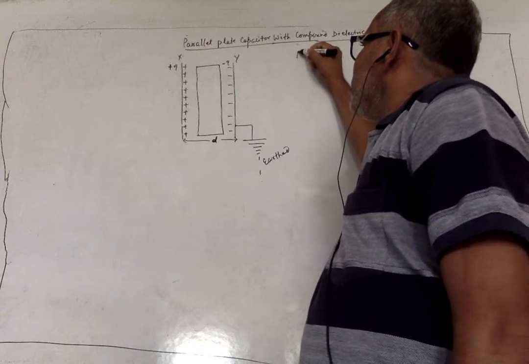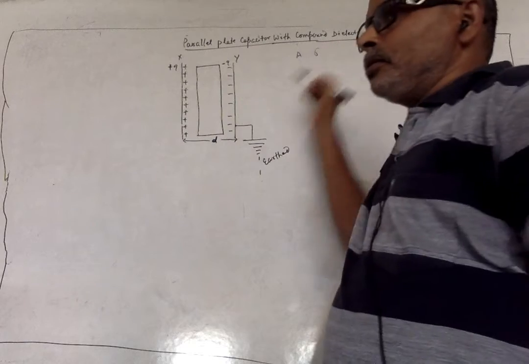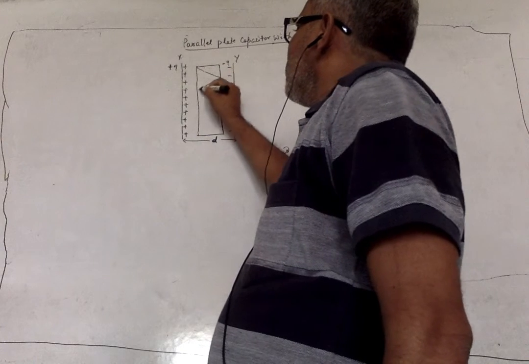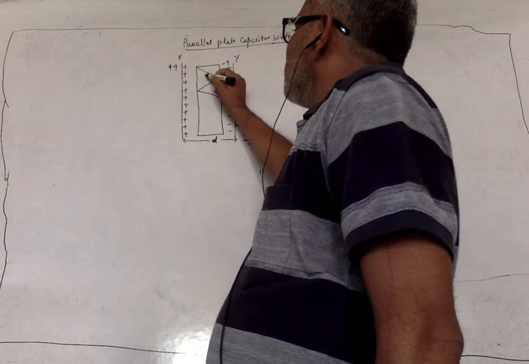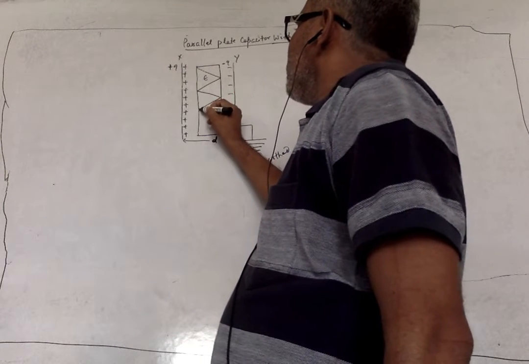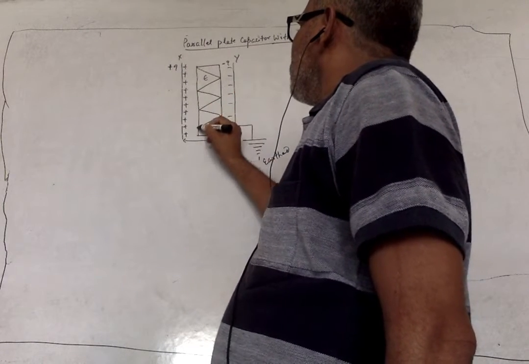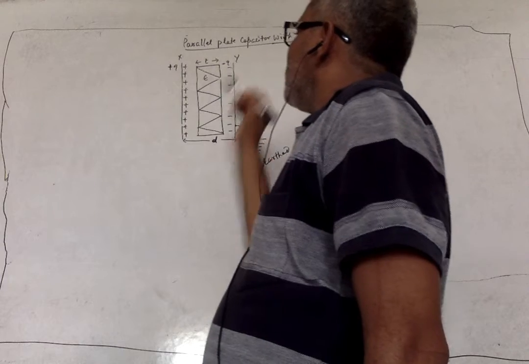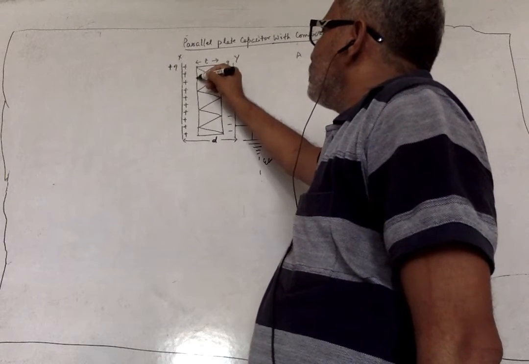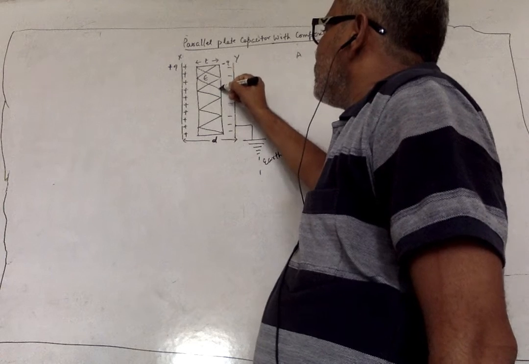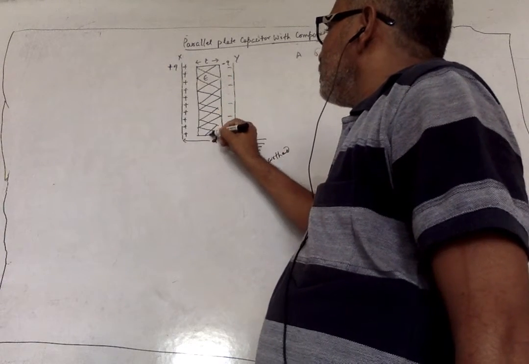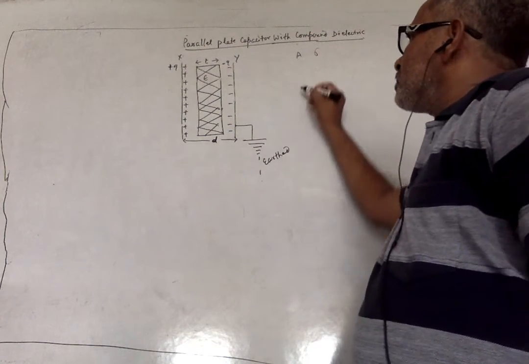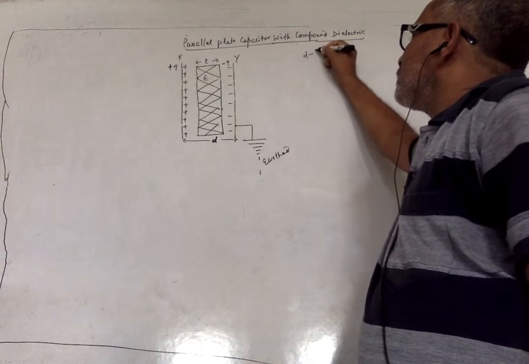The area of plate is A and surface density of charge is sigma. Between the plates, a dielectric of permittivity epsilon whose thickness is t is inserted. Then the thickness of the air layer becomes d minus t.